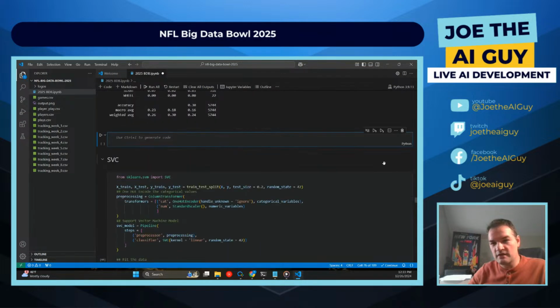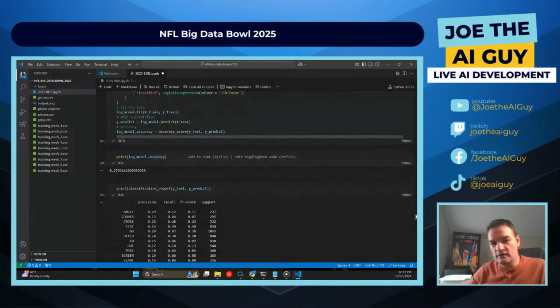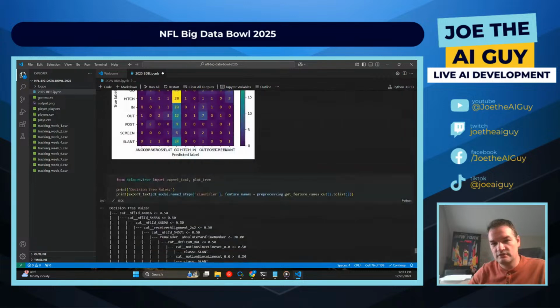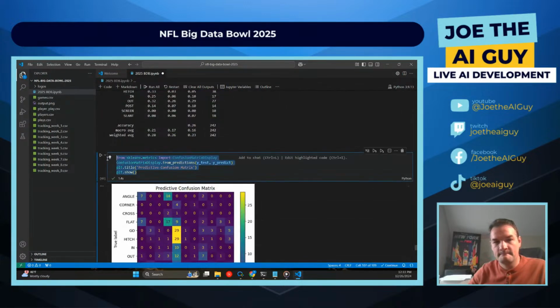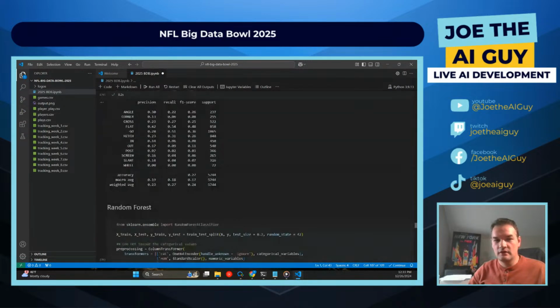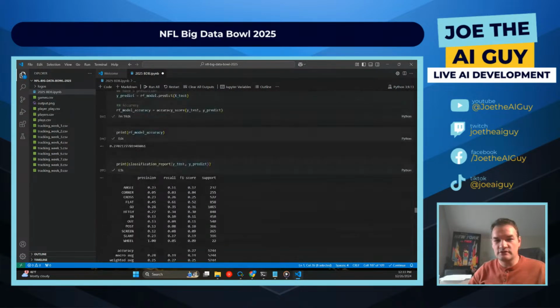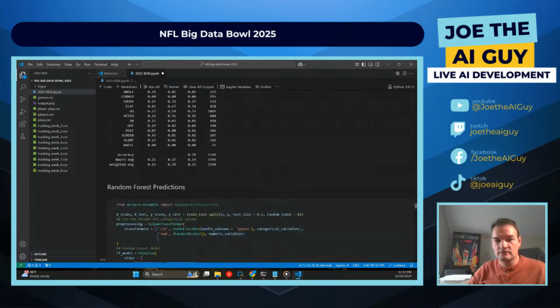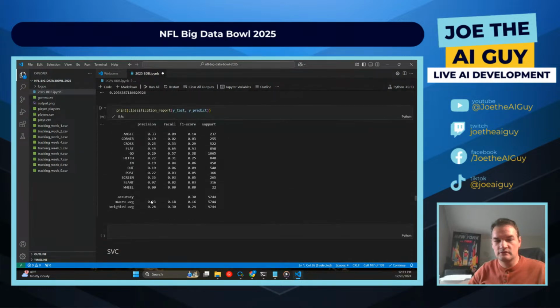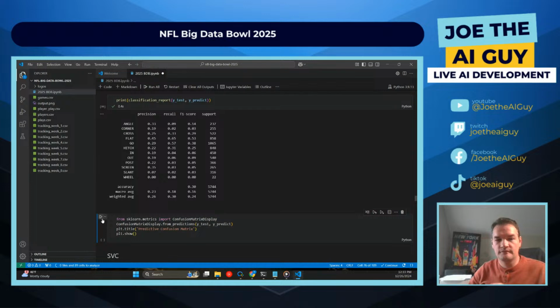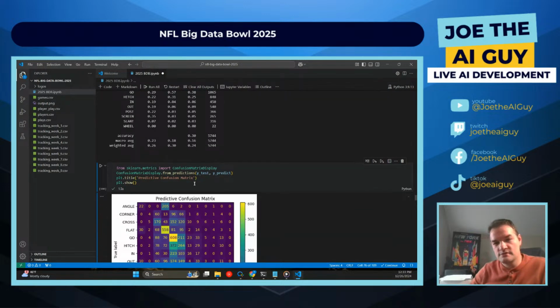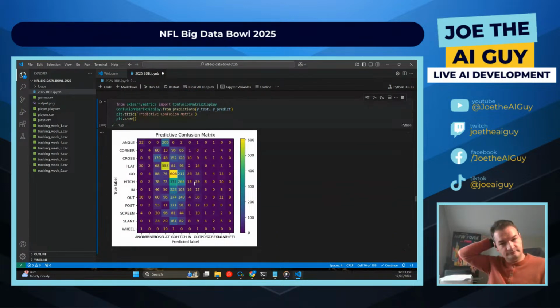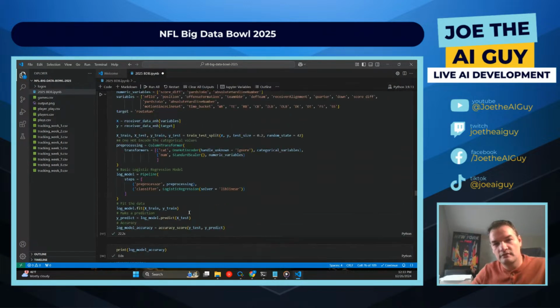And so let's bring up that code for the prediction matrix and see what it's doing. So pull that up. What's happening here?